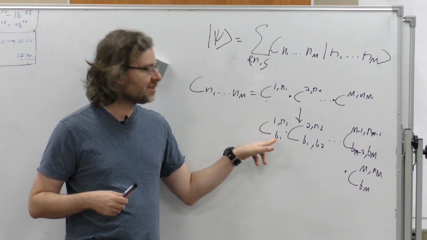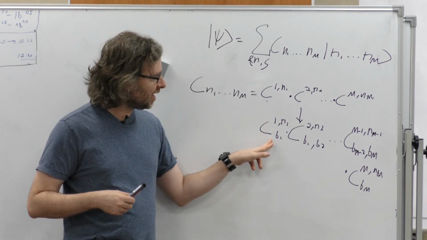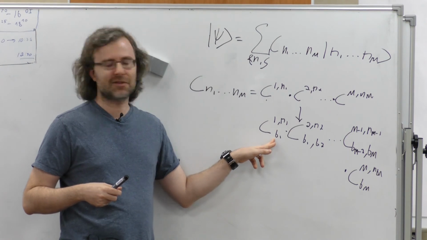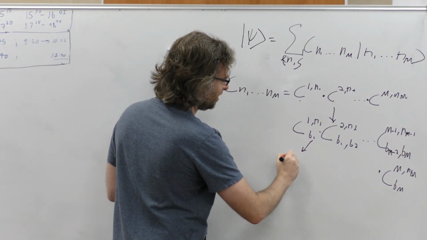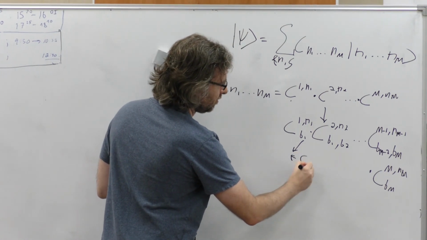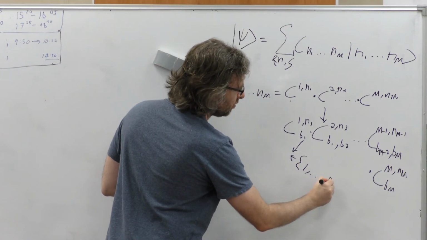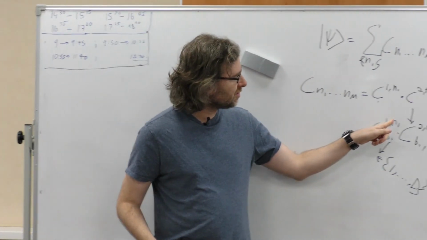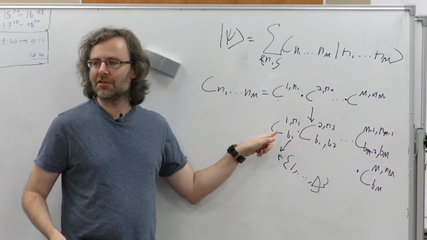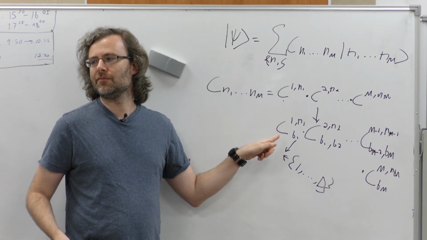If I allow it to take some number of values, then this guy is a vector. Okay, and let's call the number of values that it's allowed to take, right? This thing will be in 1 to big D. Okay, so this is 2 vectors of dimension D.